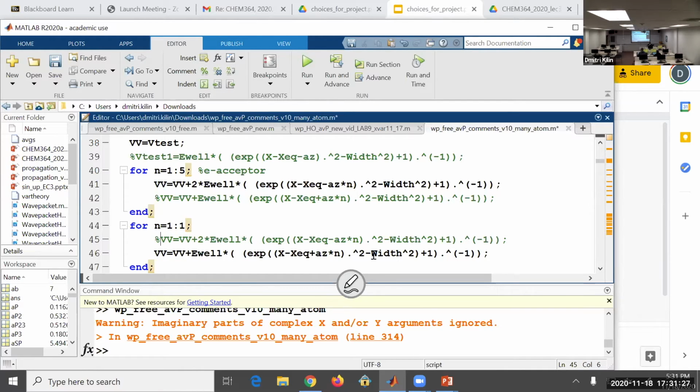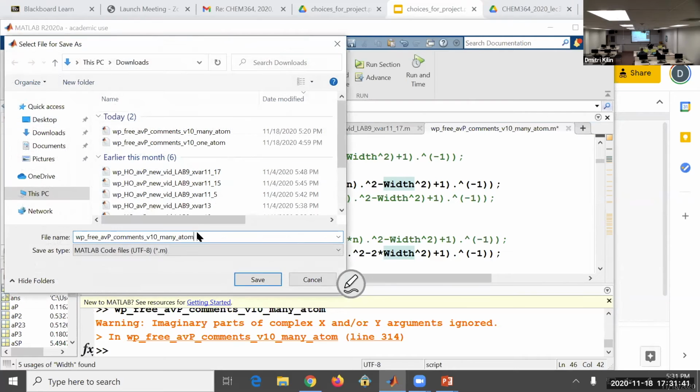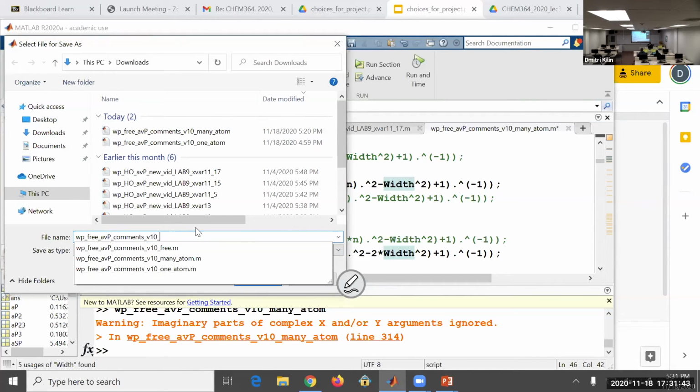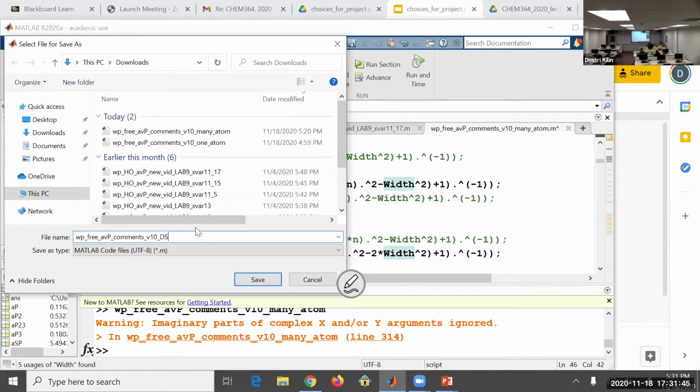And we can increase the width. Then I'm saving this. This is the source of changes.